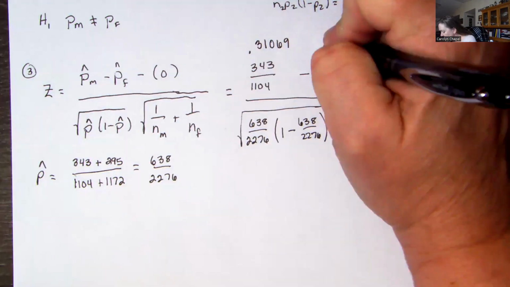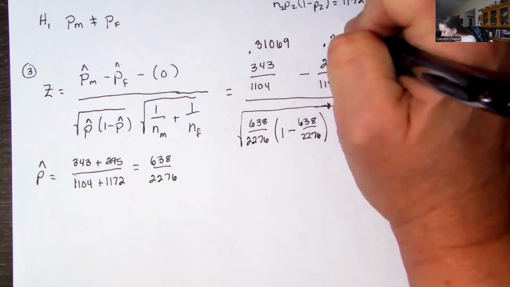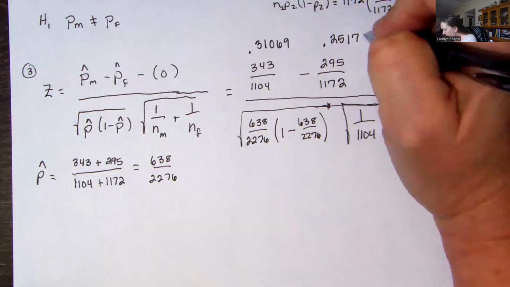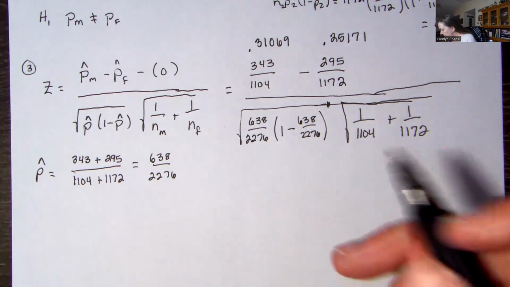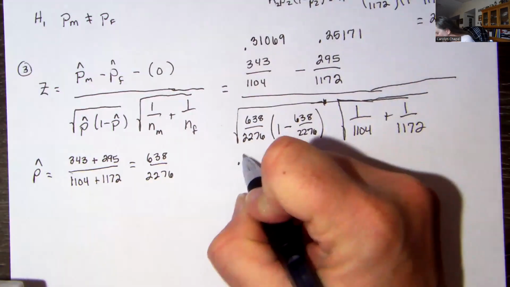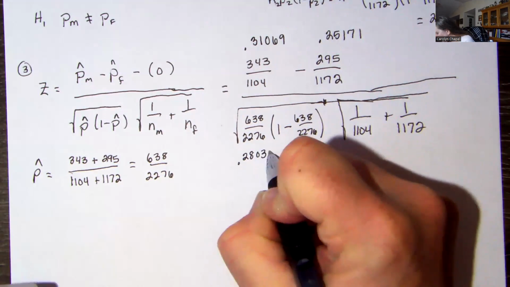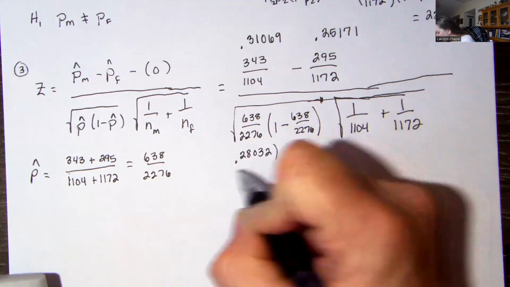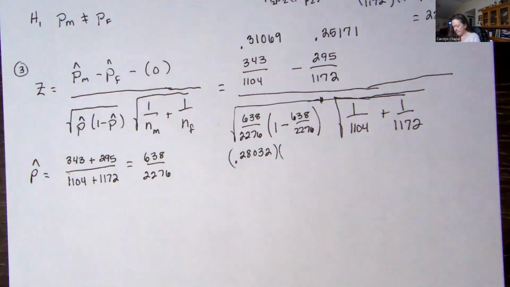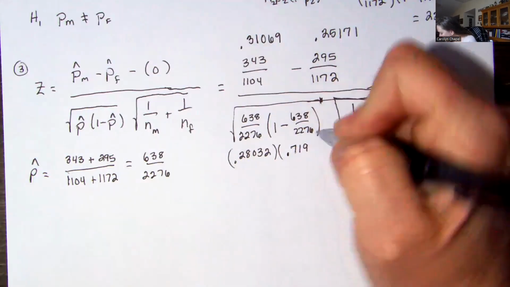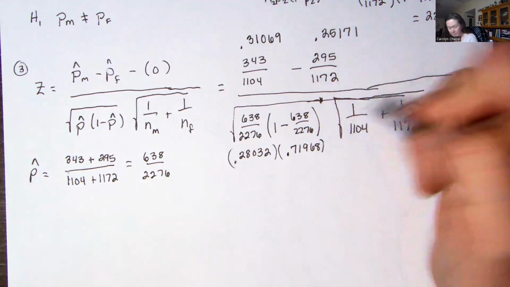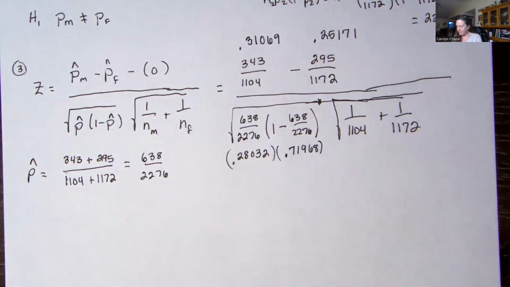The nice thing is when we use software, it will use the fractions, so we don't have to worry about all of that. Here's my 0.2803, and then if I do 1 minus that, I have 0.7196. Those two values in there.